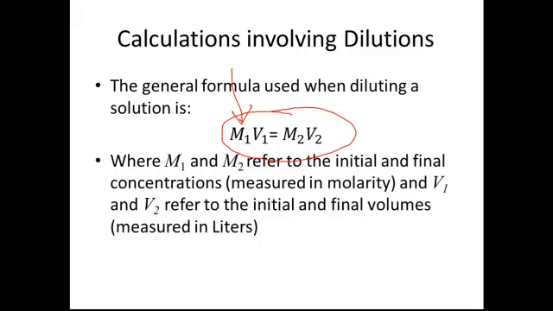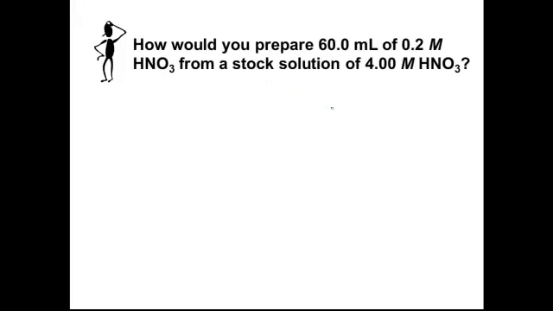And that is equal to the final concentration times the final volume. Obviously, the molarity is in moles over liters, so the volume must be in liters. That will make your math much simpler when solving these types of problems.